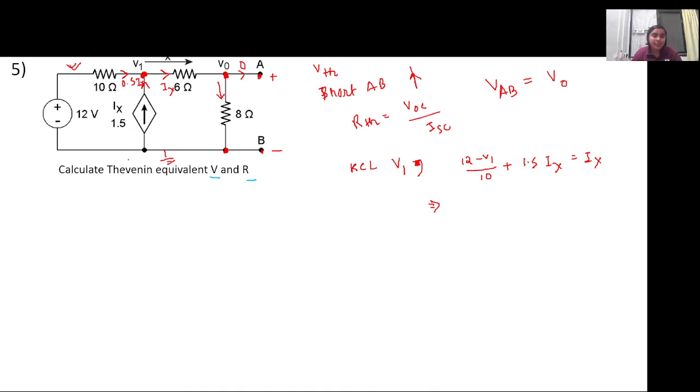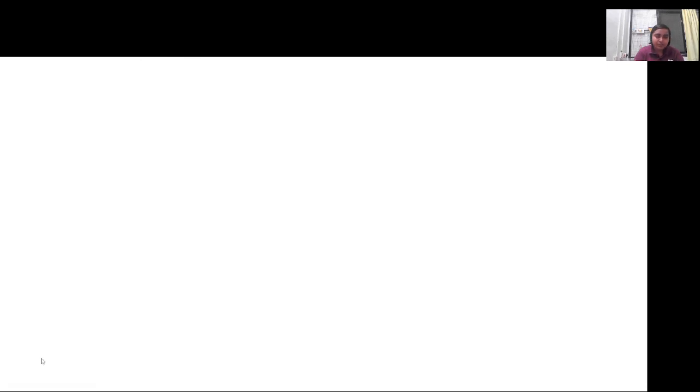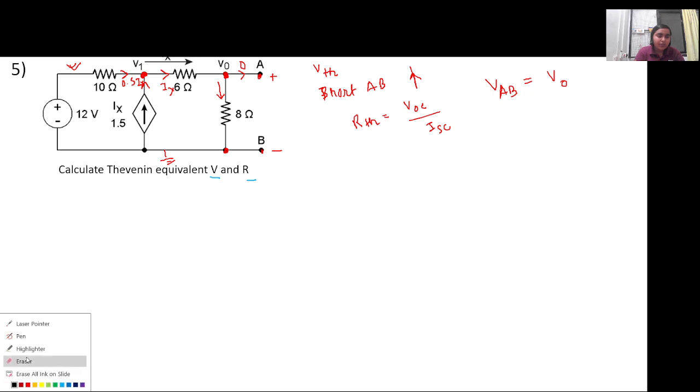And from that we can apply KVL and very easily calculate Ix. Yes, exactly. So we will look for the shortest way out. We don't really need the node voltage in order to calculate the Thevenin's voltage, so no point involving V1.